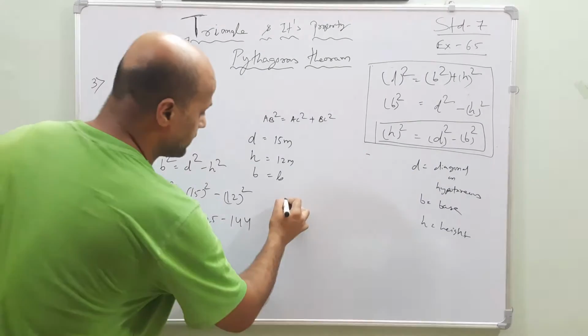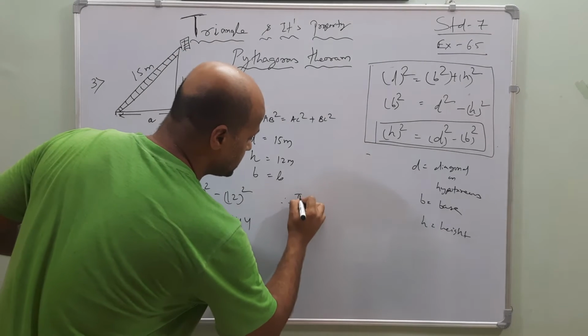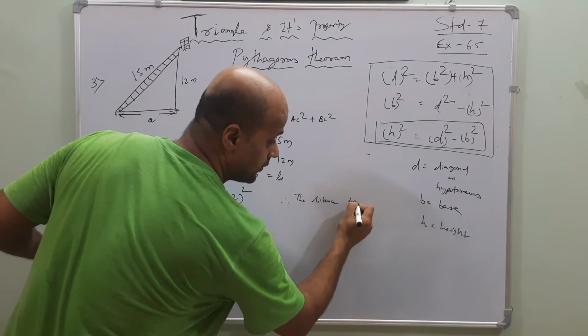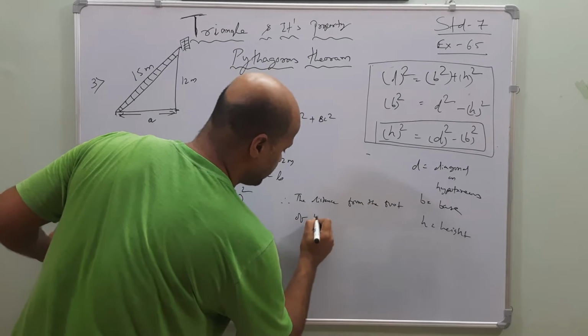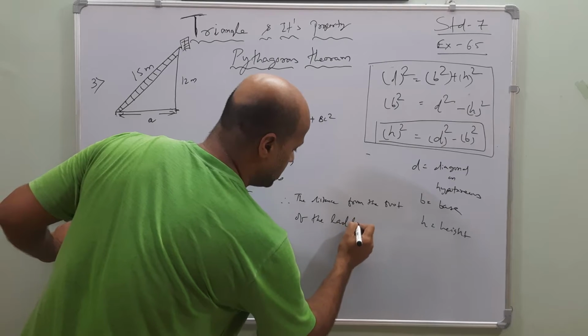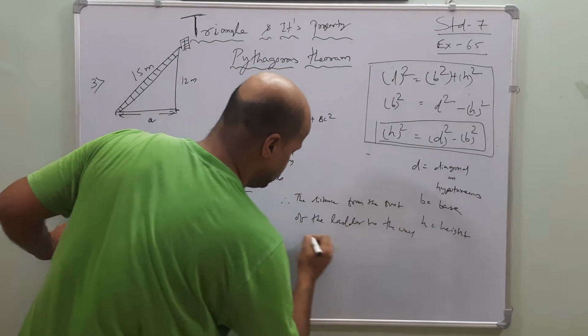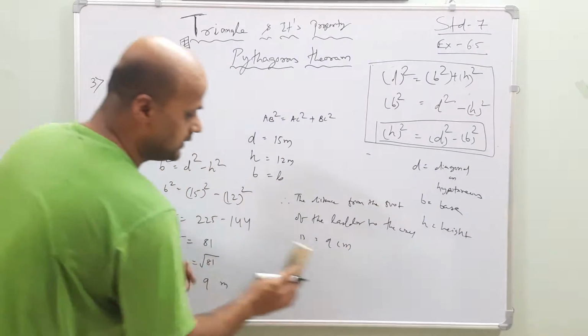What is that? Therefore, the distance from the foot of the ladder to the wall is 9 meter.